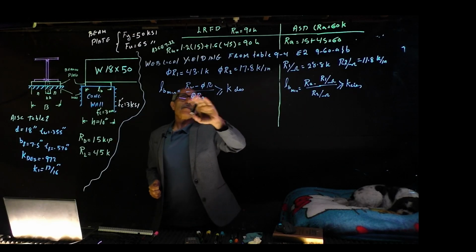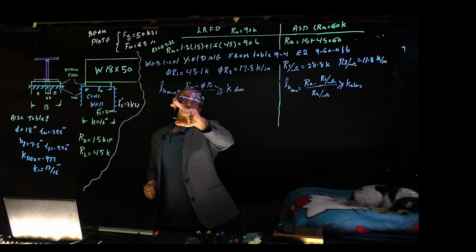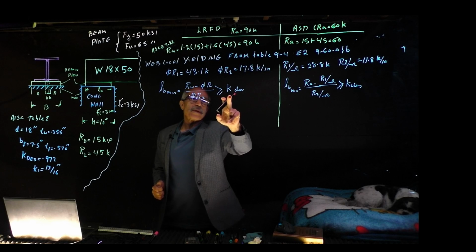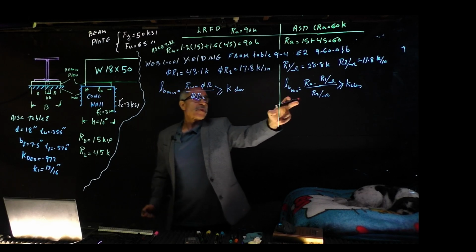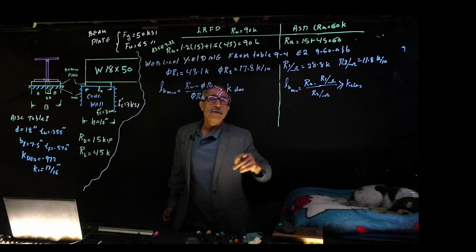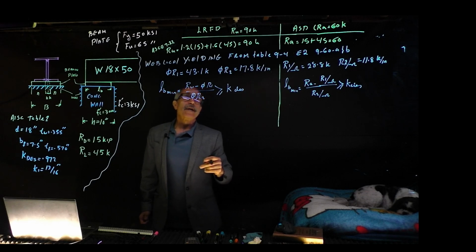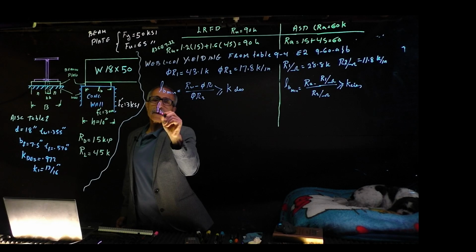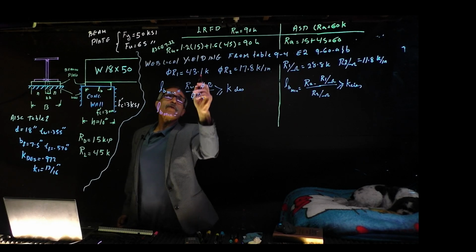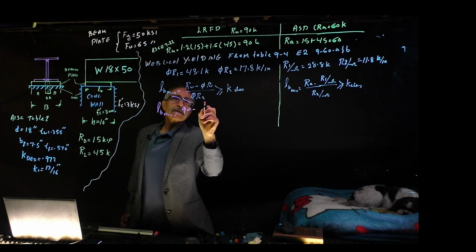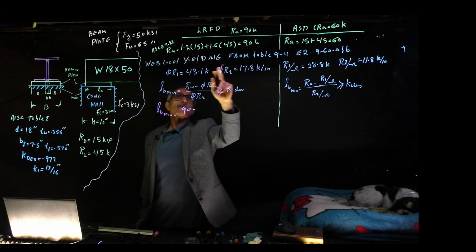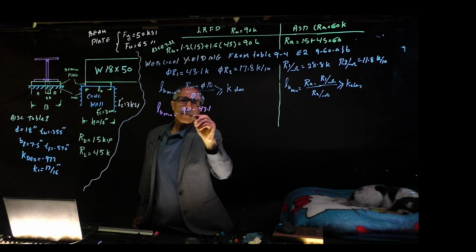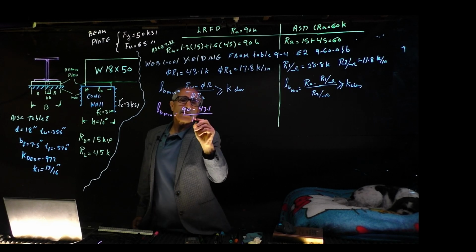From the code again, l_b minimum is equal to this equation: Ru minus phi R1 divided by phi R2 should be bigger than k_des, and the same for allowable stress design with Ra and omega involved. These are given from the table, so l_b minimum equals Ru, which was 90, minus phi R1, 43.1, divided by phi R2, 17.8.